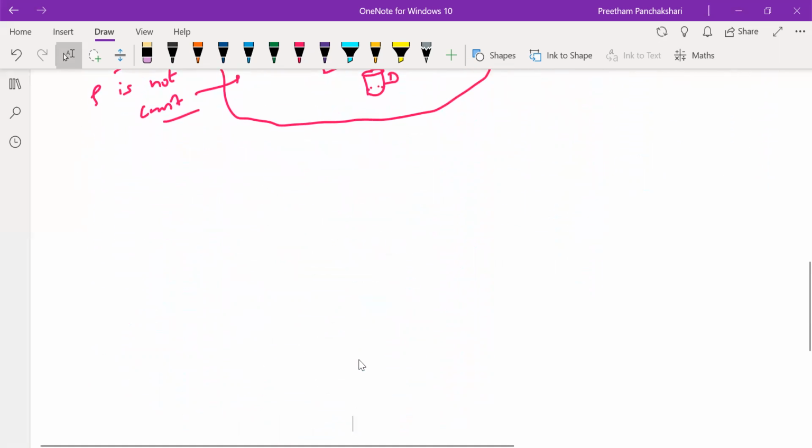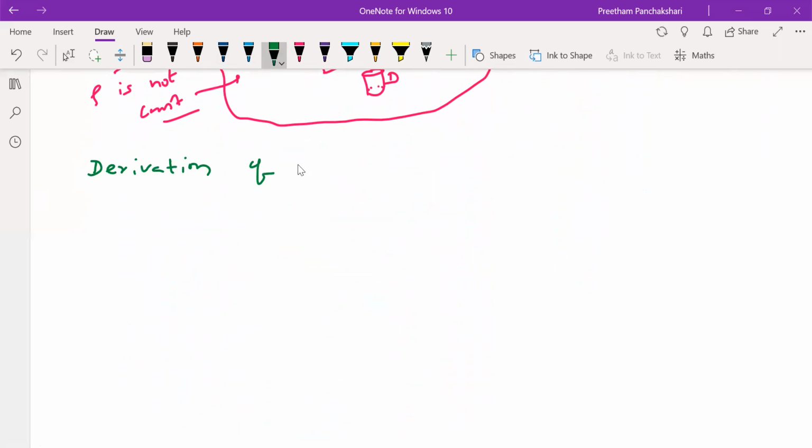So let me start deriving an equation, or the derivation of Gauss law, for this special case, asymmetric charge distribution.